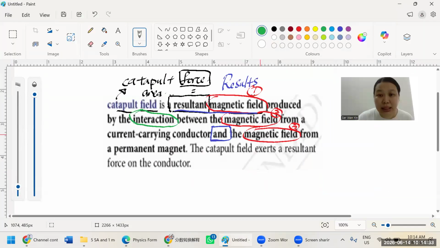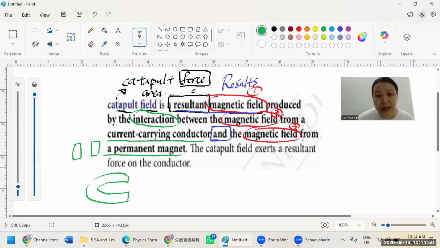But here what they say is the magnetic field from a current carrying conductor, okay, we ignore that first, and the magnetic field from a permanent magnet. The permanent magnet is the U-shaped magnet you saw that day. Okay, then what is a current carrying conductor?